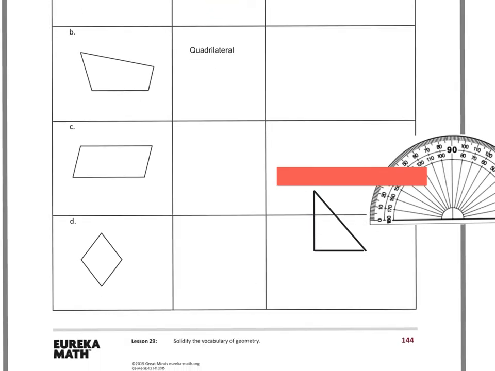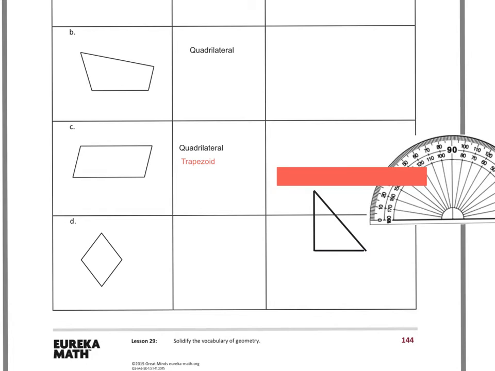So for C, now for C we have a couple of them. I know it's 4-sided, it's a quadrilateral. So I'm going to put that in. I also see that it looks like 2 pair of parallel sides. But I'm going to try to name all of these. So I know that if it has 1 pair of parallel sides, it can be a trapezoid. So I'll put trapezoid on because of the 1 pair of parallel sides.